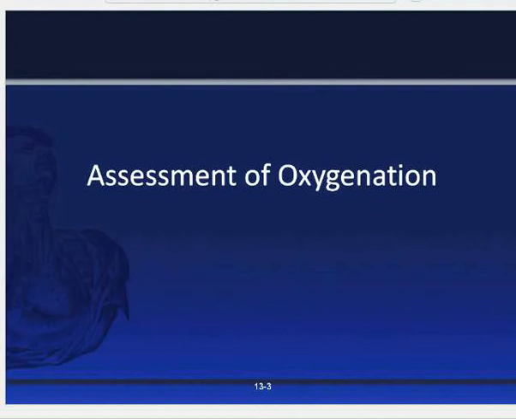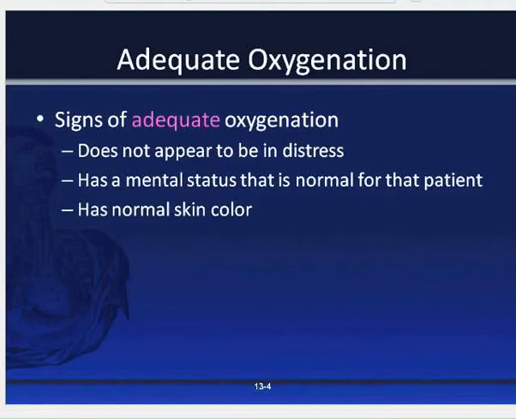Alright, let's get started into the assessment of oxygenation. Signs of adequate oxygenation include there appears to be no distress, the patient's mental status is normal, and their skin color is normal. When we're looking at skin color, temperature, and condition, skin color should be pink, temperature should be warm, and condition should be dry.